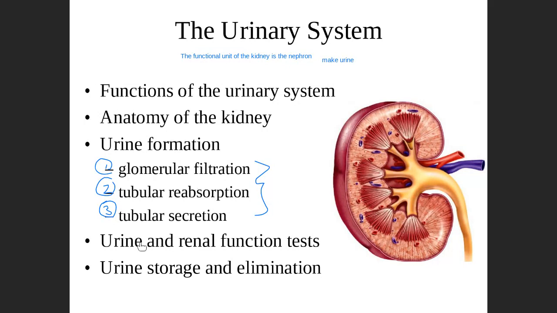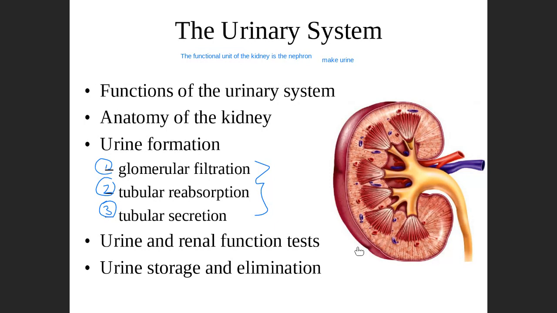Then I'm going to talk a little bit about some of the tests that people often use to gauge kidney function. And kidney function, if both kidneys are working, an individual should make about 180 liters of filtrate.